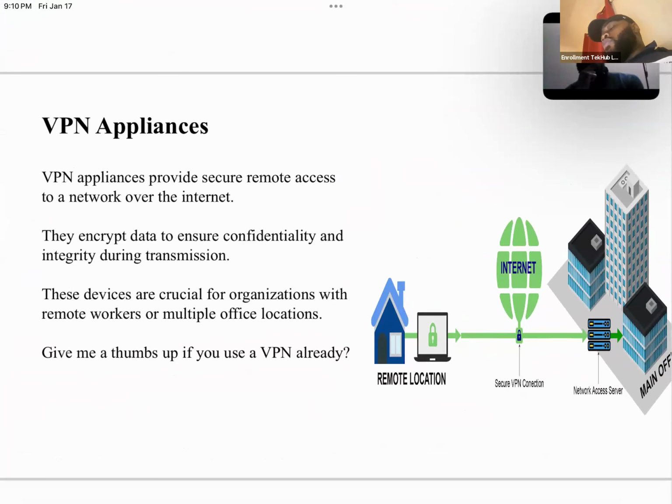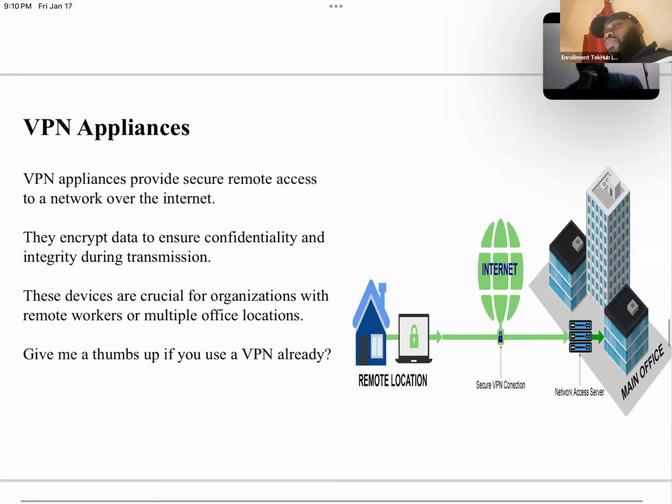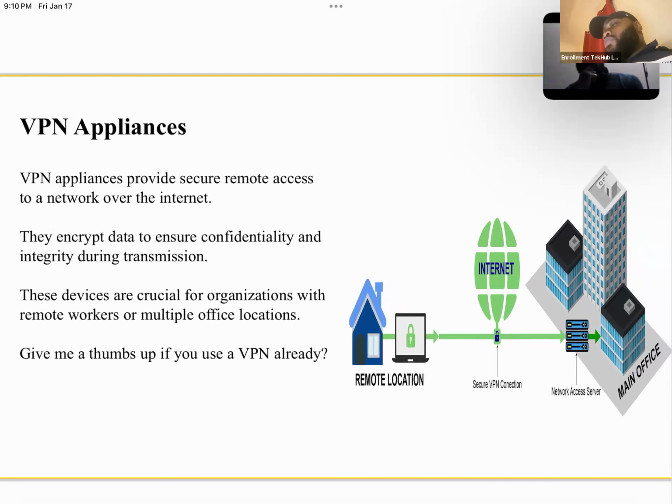Remember what we said about encryption: when something's encrypted, it's taking plaintext and scrambling it into ciphertext. Ciphertext is text that is scrambled up. It could be a series of letters, numbers, special characters. And when it's going through that secure VPN tunnel, people are not able to intercept it. And if they do intercept the message, the message is not readable.